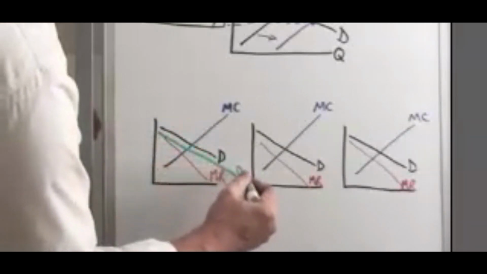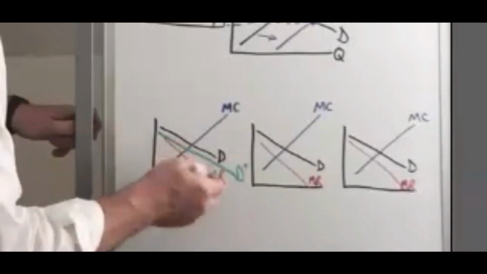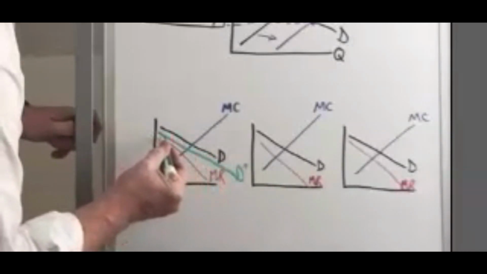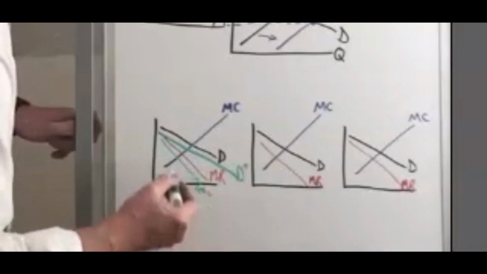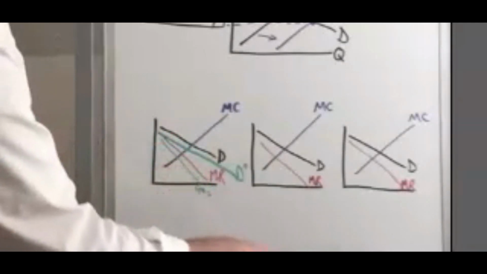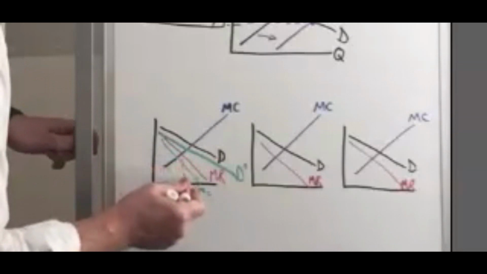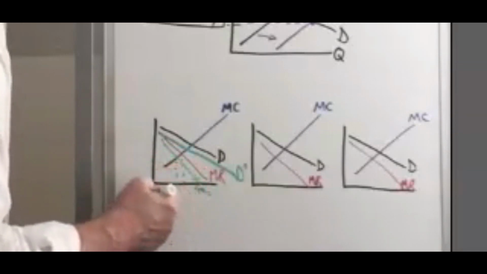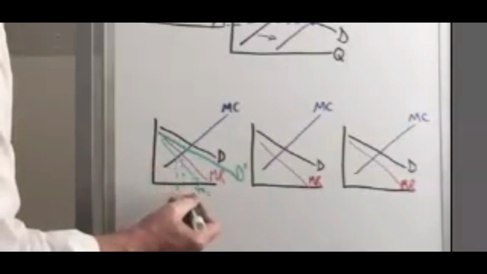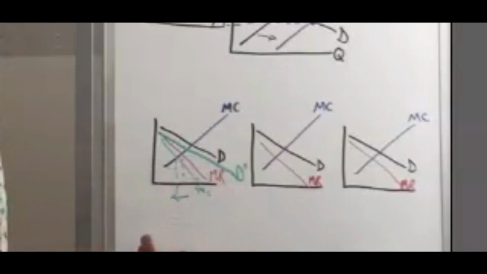That's your new demand curve, D double prime. Your marginal revenue curve will also shift to the left, MR double prime. And this is your old quantity. This is the new quantity. You are now producing a smaller quantity. Quantity has shifted to the left, a decrease in quantity.